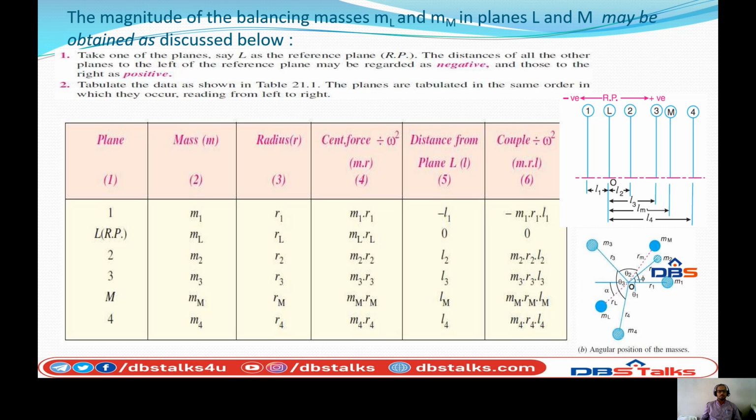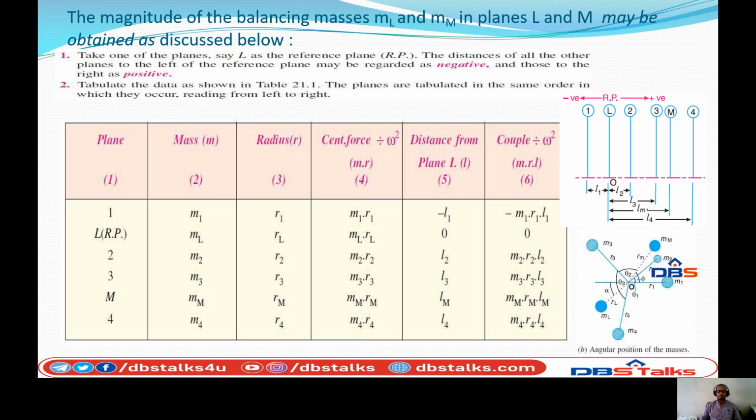So here the magnitudes mean the masses available at the balancing planes, that is mL and mM, the balancing masses. Let us consider any one of the balancing planes, either L or M, as the reference plane, and we have to make a notation that with respect to the reference line or reference plane, the left side will be called negative and the right side positive.